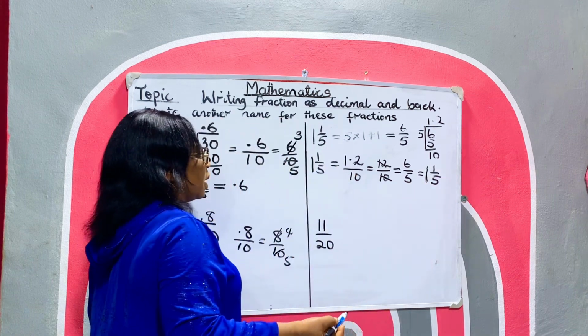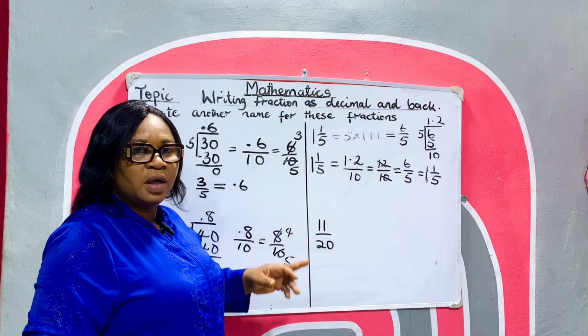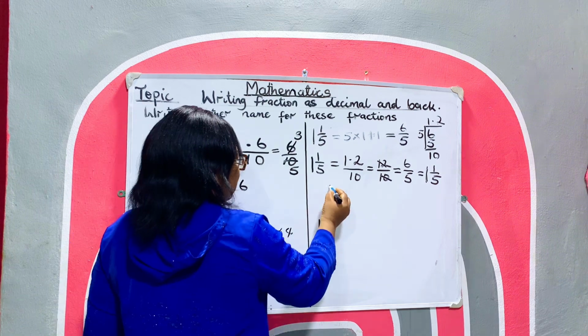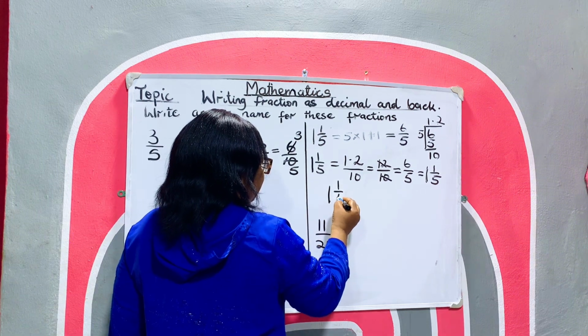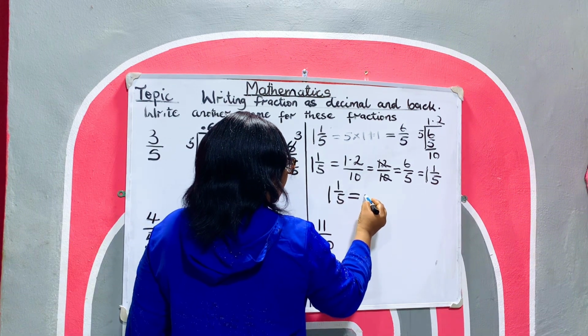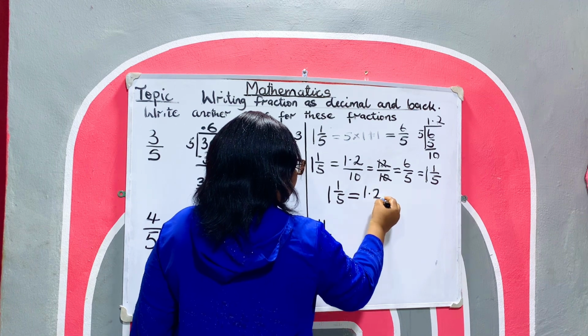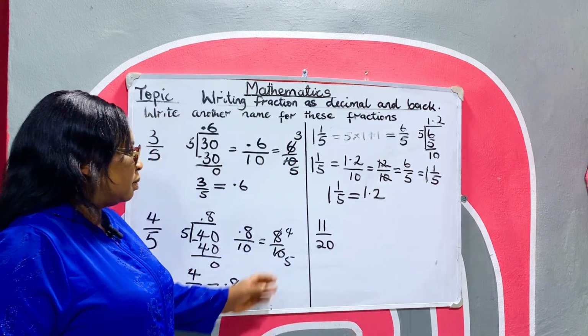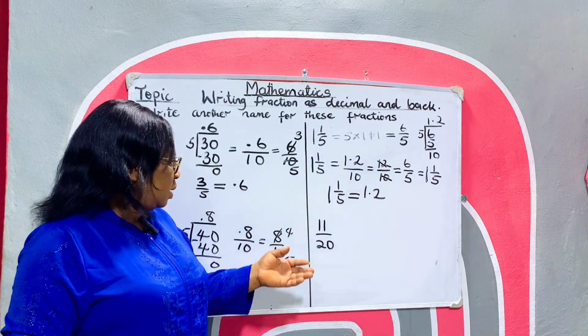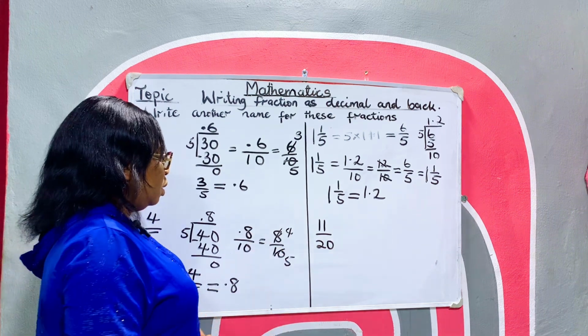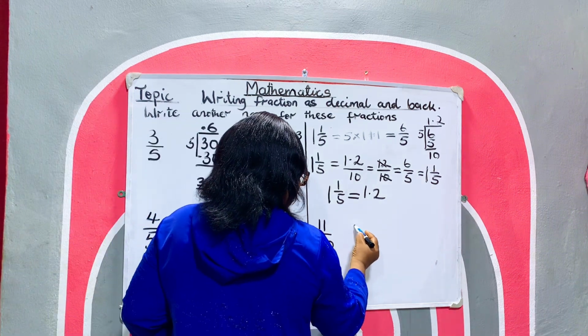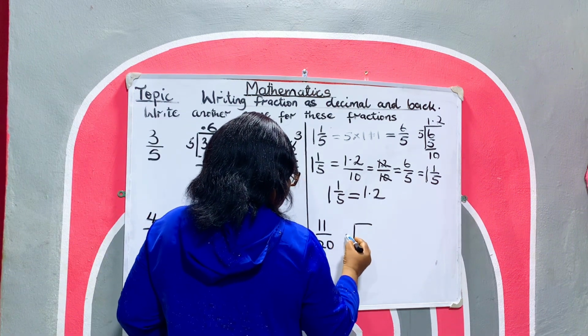We are back to our first statement. So we say one whole number, 1 and 1/5, is equal to 1.2. They are the same.